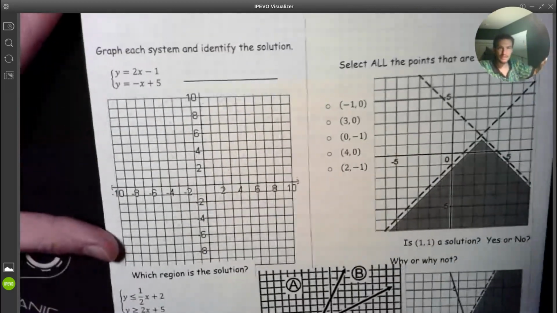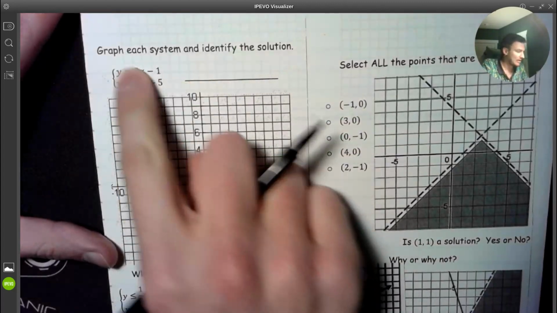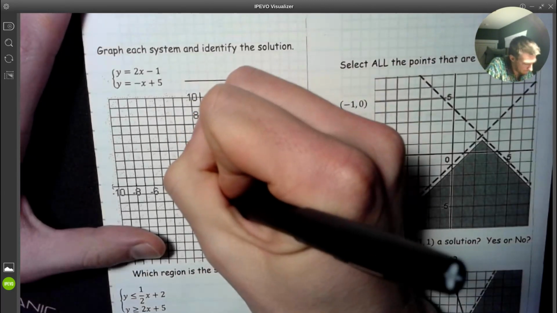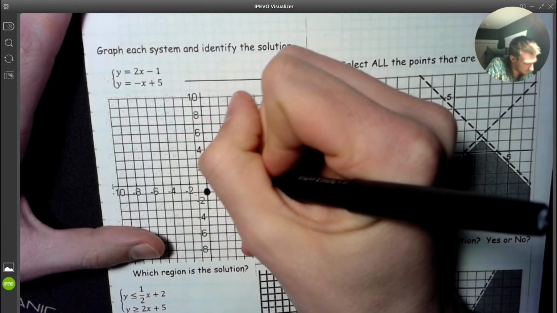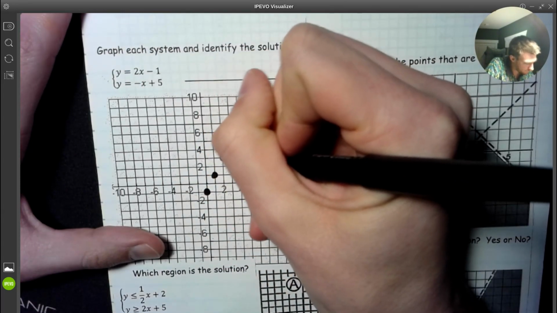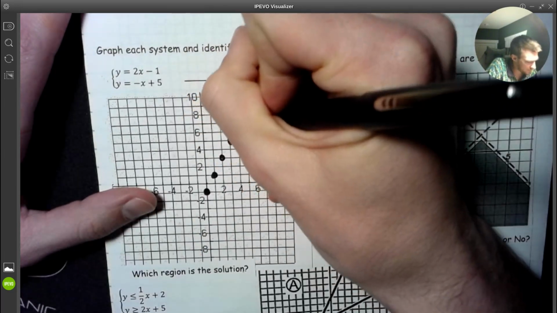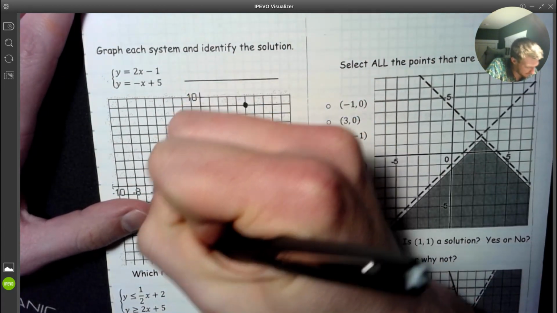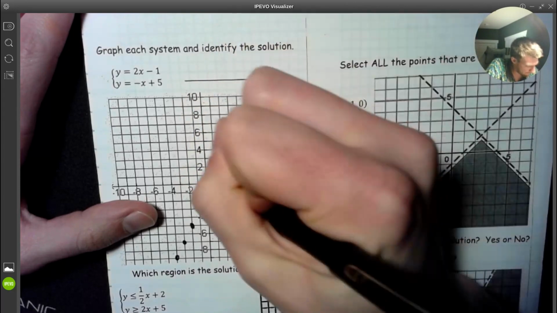On the bottom here, graph each system and identify the solution. So let's go ahead and graph these two lines. Going to go ahead and graph -1 with a +2. That's up 2 over 1, up 2 over 1. And I do want this to be a nice straight line because I'm looking for intersection, nice and sharp as long as I can.